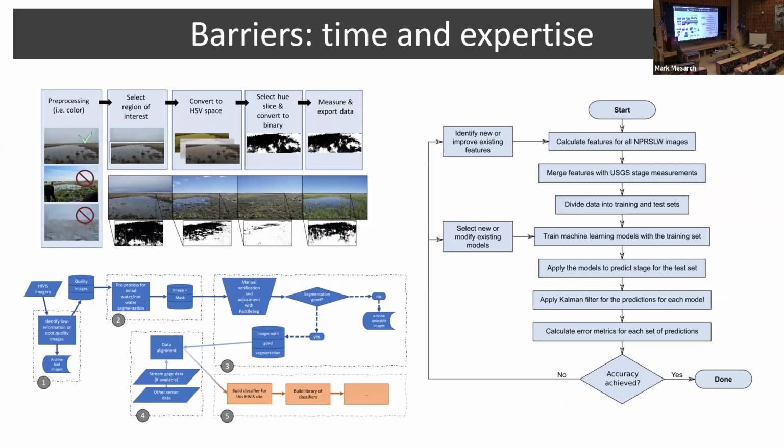This top one was for Emma's project, and I know she pulled together several different software or tools in order to do that. And then down on the bottom here is an example workflow that comes out of one of our recent proposals. But this is pretty complex, particularly for someone like myself who doesn't have a computer science background, doesn't do a ton of coding. And so this is one of our barriers to using this kind of imagery.